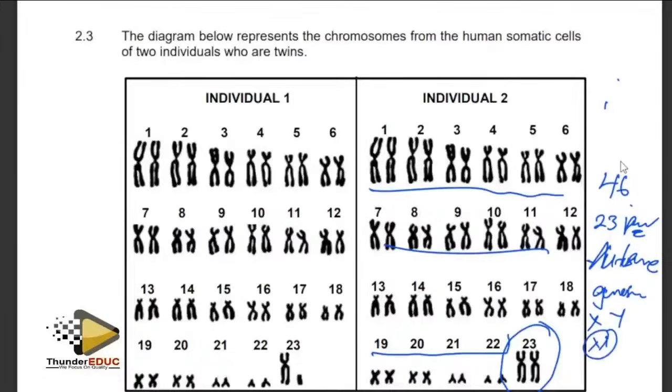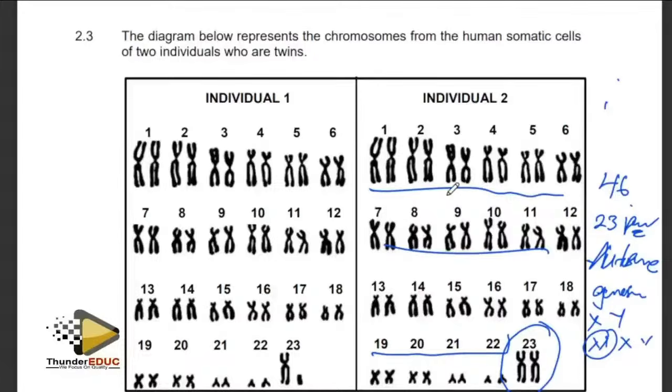All those are marks. If X and Y come together, the individual is a male. You see, you are describing the karyotype. You have already exceeded the 6 marks. Each chromosome pair has different sizes. So that's how you can describe the karyotype.